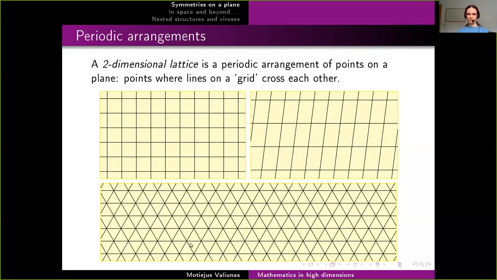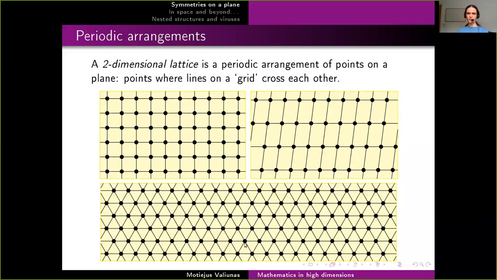Or we can have a grid consisting of triangles, like at the bottom. So when we study lattices, we want to study the points of intersections of lines in this grid. So these blue dots are what is called a lattice, or these black dots.